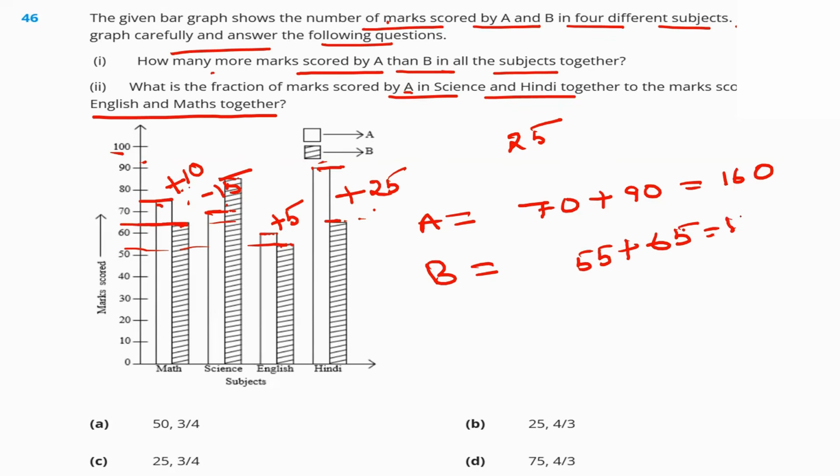So that's together 120. So what's the fraction? 160 by 120. 4 times is 16, 3 times 12, so 4 by 3. That's present in option B. So that's the correct answer, option B.